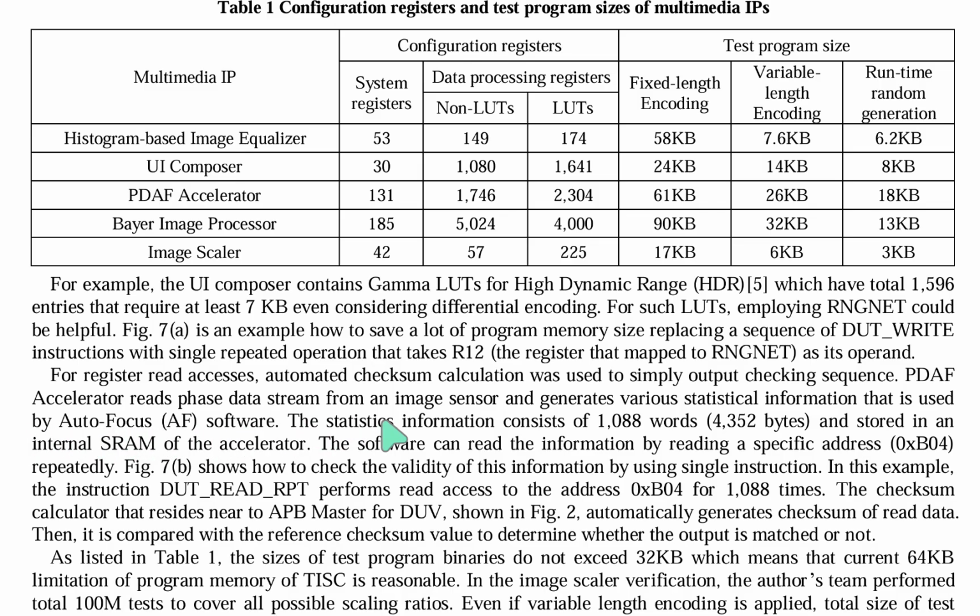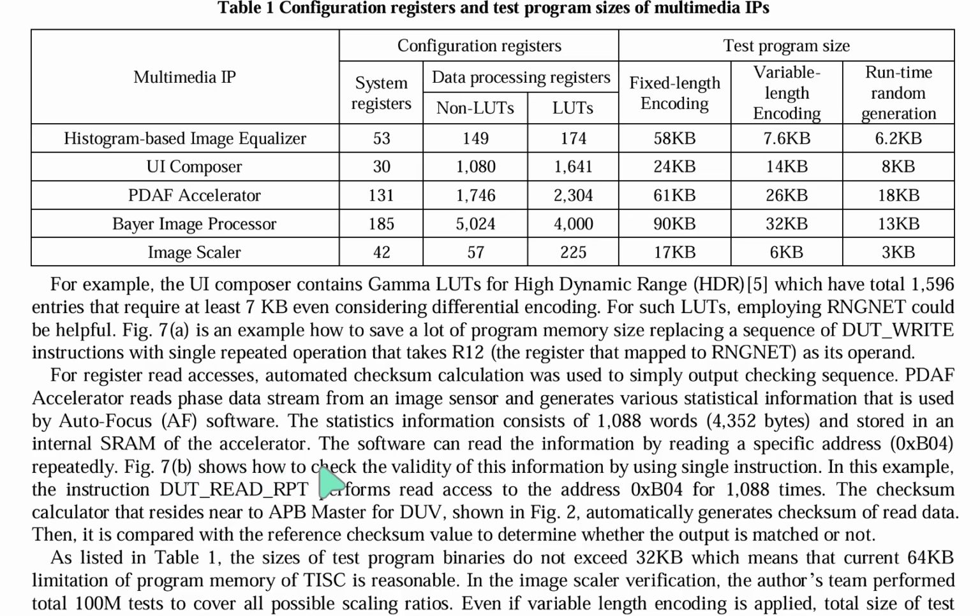This statistics information consists of 1088 words, 4352 bytes, and is stored in an internal SRAM of the accelerator. The software can read the information by reading a specific address, hexadecimal B04, repeatedly.